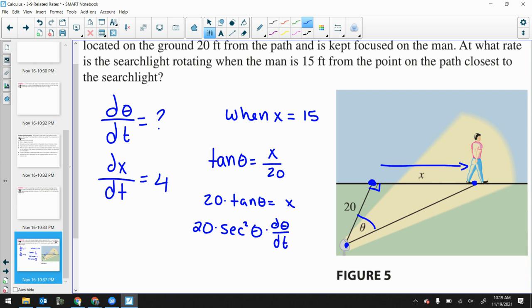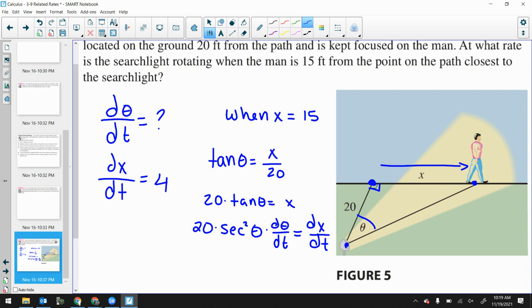That's a time symbol, right? 20 secant squared theta d theta dt is equal to, and now on the other side, do I have to use any chain rule on the other side? Well, what is the derivative of x? Just 1, right? So it would be like 1 dx dt. So we're just going to say dx dt.